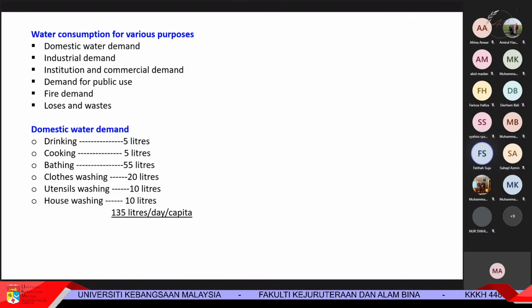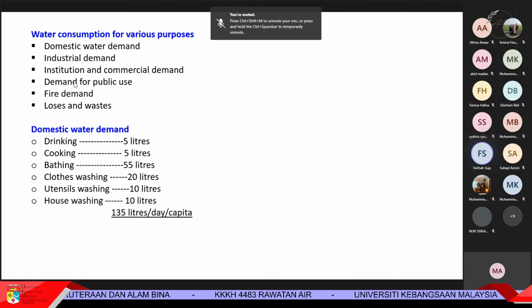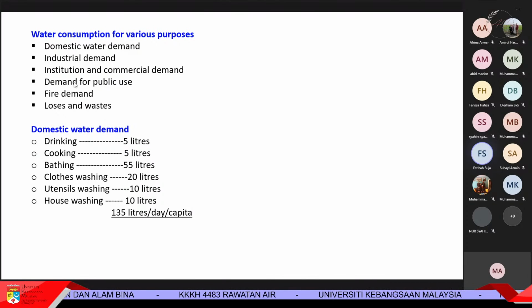And then you also sometimes have losses and waste from the water supply. This is all that you need to take into account when you calculate the amount of water needed by your community. Okay.